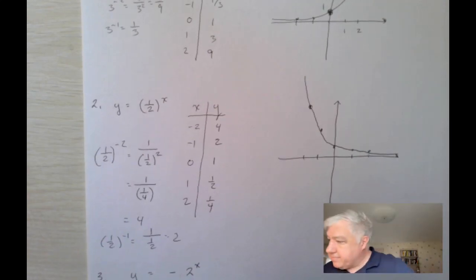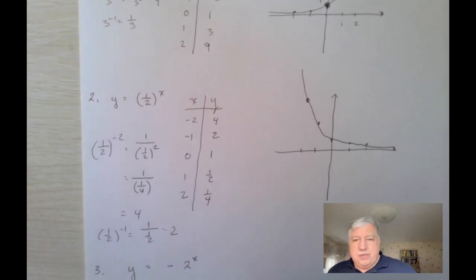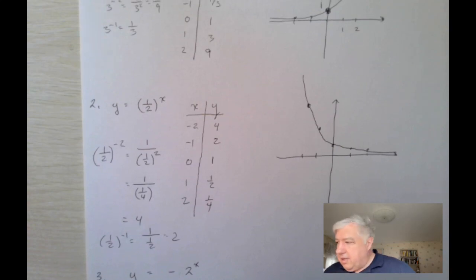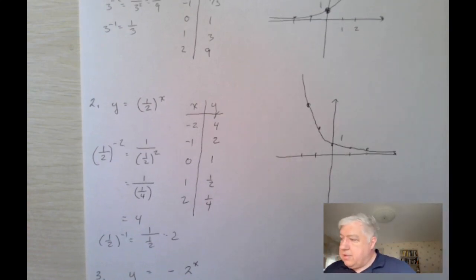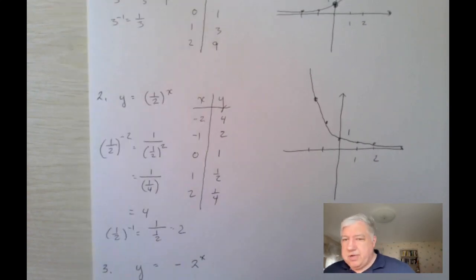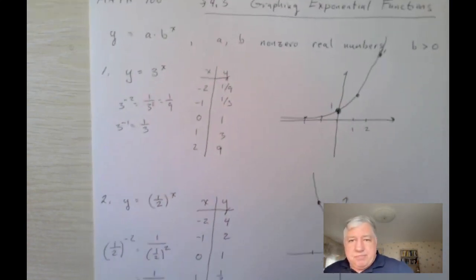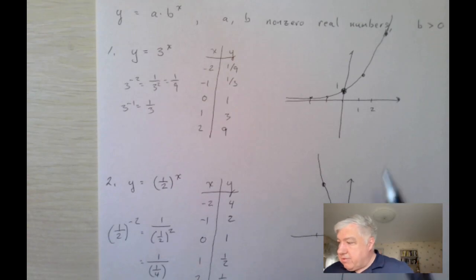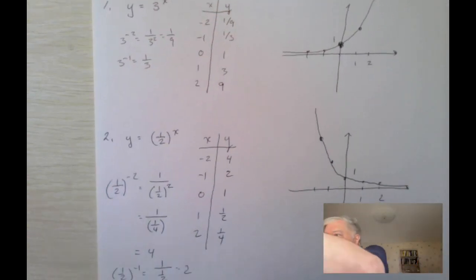Notice that this is decreasing, where the other one was increasing. And again, this graph does not touch the x-axis. Obviously the y-intercepts in both of these would be at 1, and there are no x-intercepts.